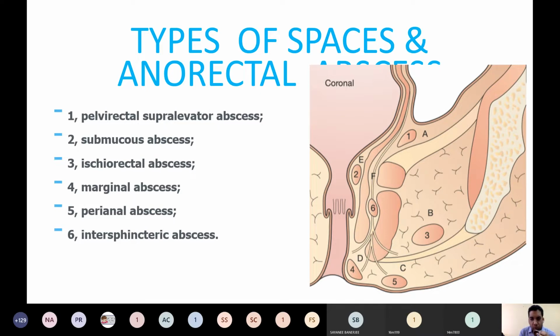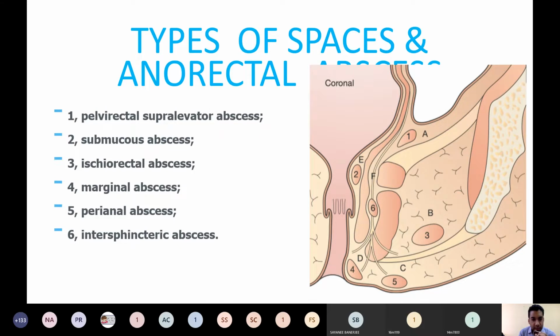Number two is, see, this is internal sphincter, which is downward extension of circular muscles of the rectum. It is between mucosa and internal sphincter, so it becomes submucosal abscess. Then number three is here. It is lateral to external sphincter.